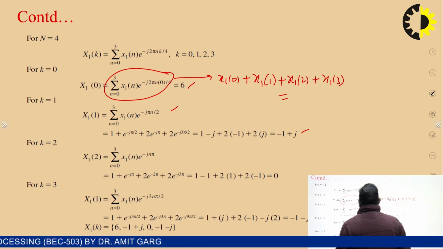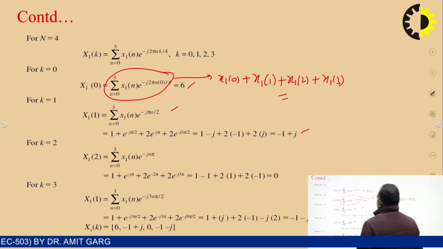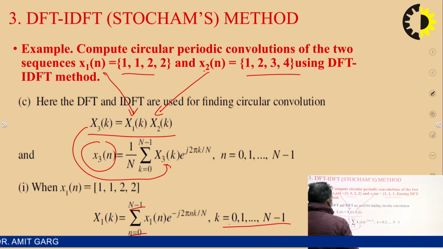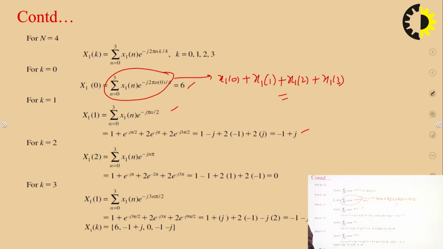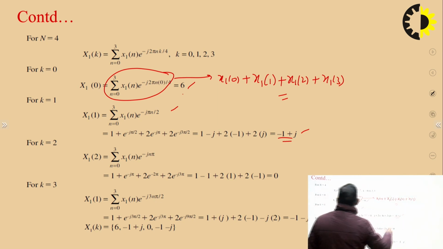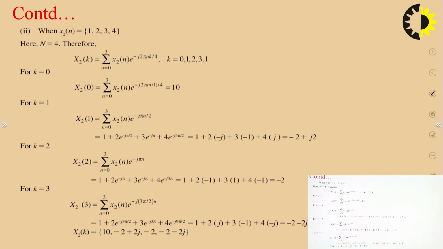So what is the value in this case? Okay, so this is basically the value. Then k equals 1. When you solve it, it will become minus 1 plus j. When k equals 2, it will become minus 2, and when k equals 3, it becomes minus 1 minus j.